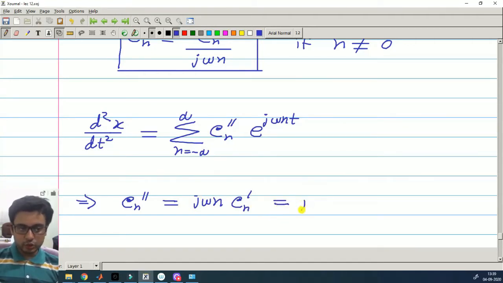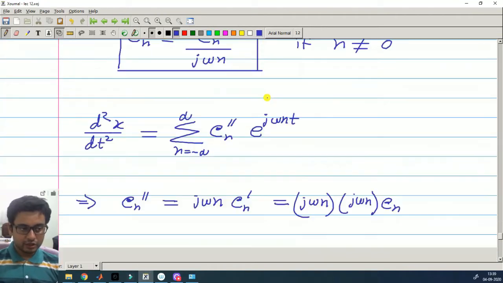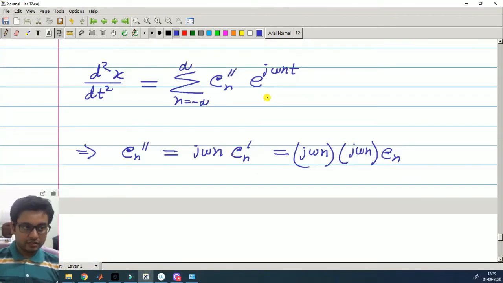That means it will be equal to j omega n multiplied with j omega n Cn from this equation. So in general, if you consider the third derivative, fourth derivative, fifth derivative of x, then the Fourier coefficients of that will be equal to the Fourier coefficient of x multiplied with j omega n 3 times, 4 times or 5 times.